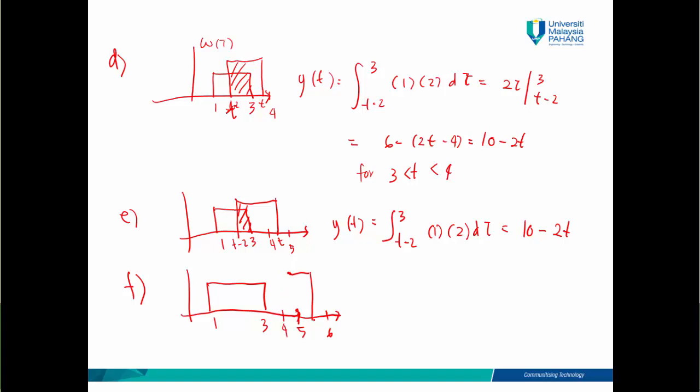At this moment there is no overlapping between the w and z signals. So we know that when there is no overlapping, y(t) equals 0. Here is t minus 2, this one is t. For t minus 2 greater than 3, solving this equation, we have t greater than 3 plus 2, meaning that t is greater than 5.